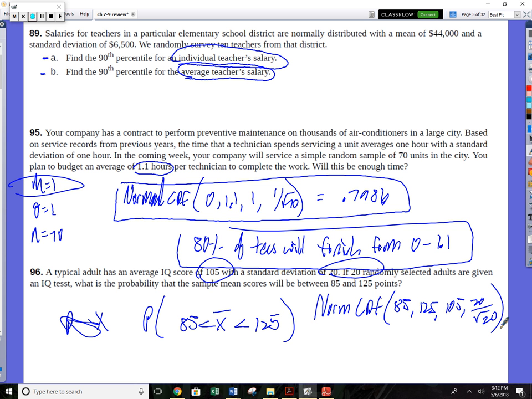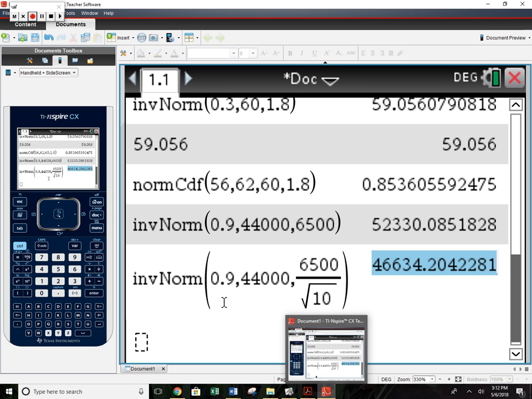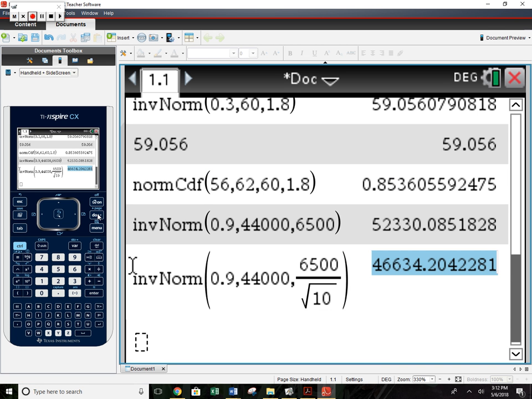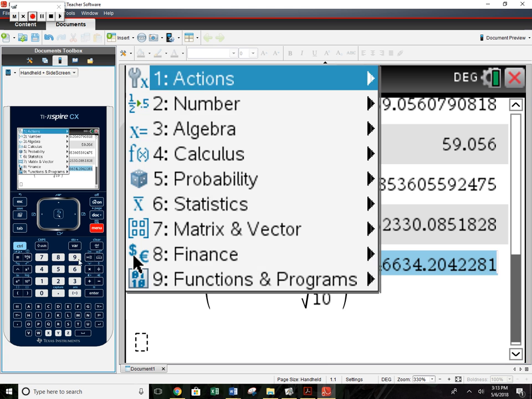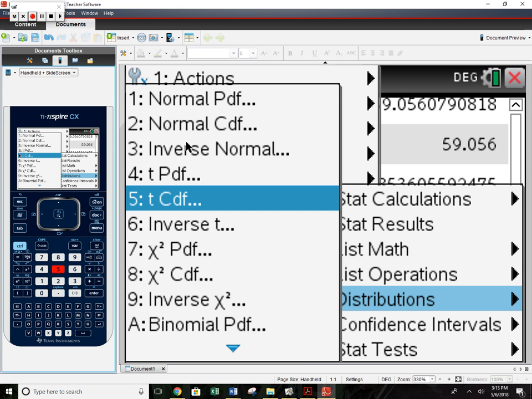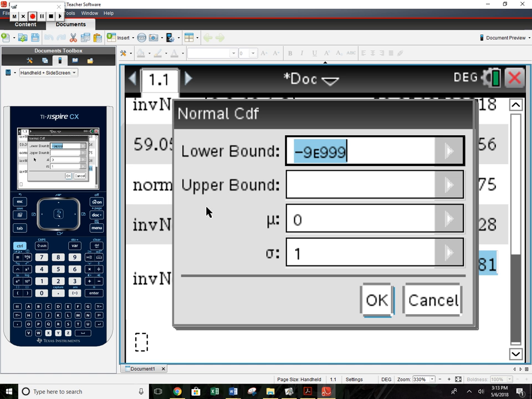Is that right? Okie dokie. And that, oh shoot, I don't even know what that is. Let's see what that is. Normal CDF. Okay. Menu 6.5. Okay, lower bound, what do we want? 85, upper bound 125.